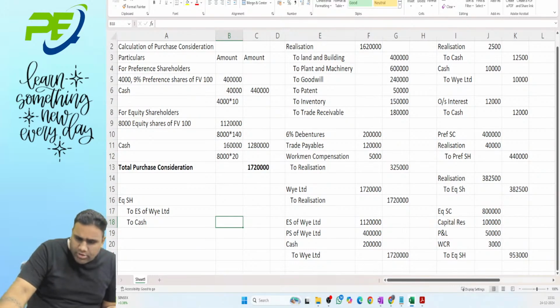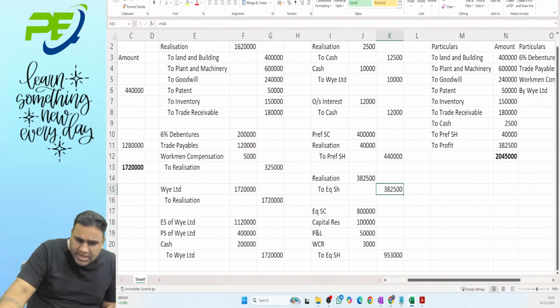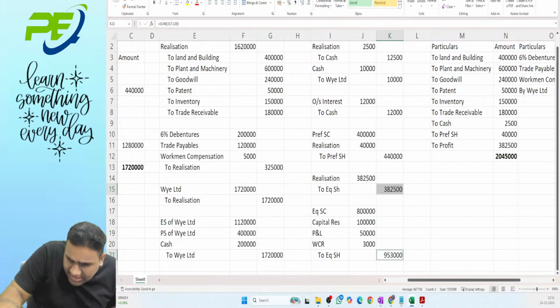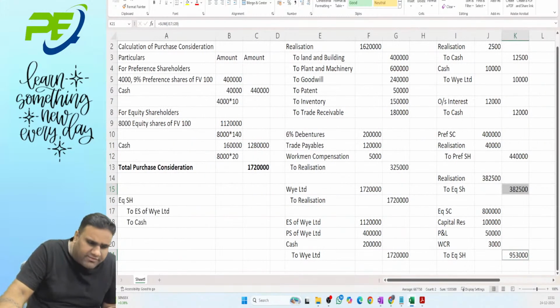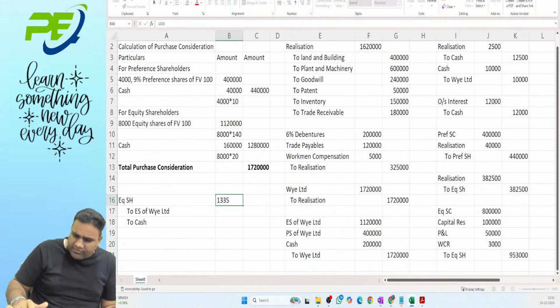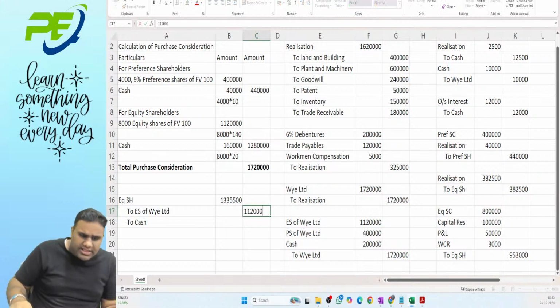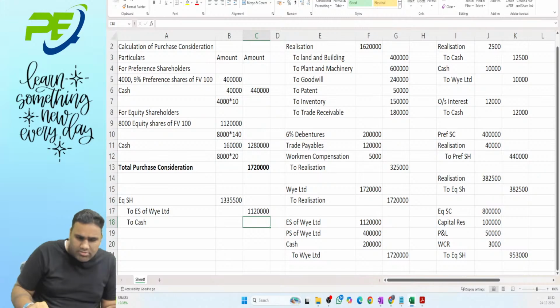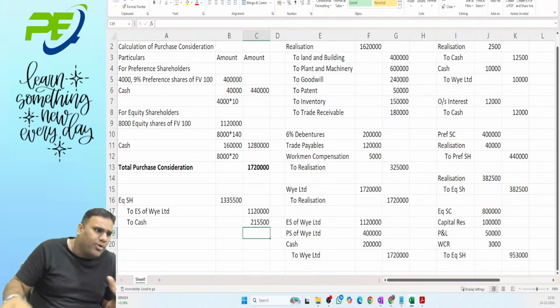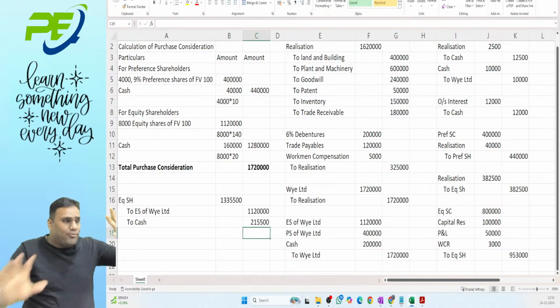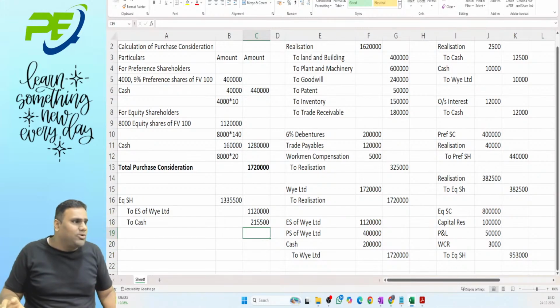So the total amount is 382,500 plus 953,000, which is 1,335,500. In that, shares 11 lakh 20,000 and cash 2 lakh 15,500. Now, problem over. But what all will come in the exam, I'll tell you.